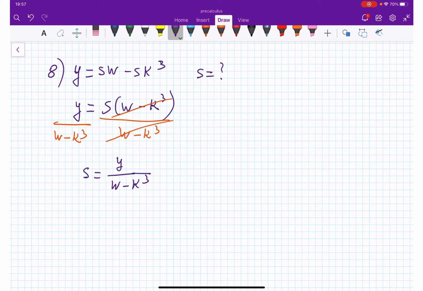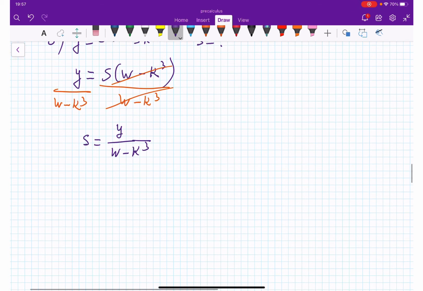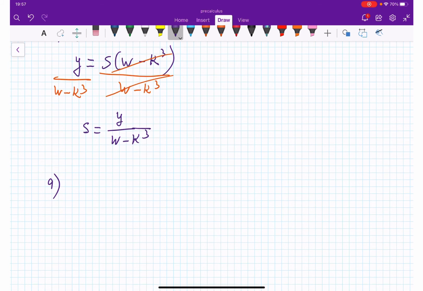All right, and let's solve one more. Number 9. So we have 5b equals 2b minus 3 times m plus 7.